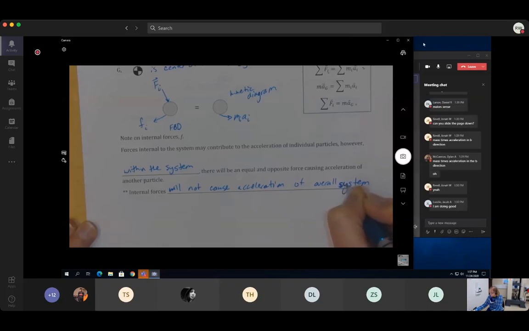Okay, so the overall system is only going to be moving based on external forces.